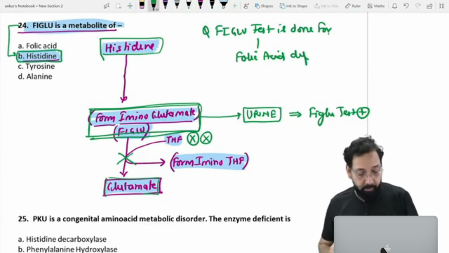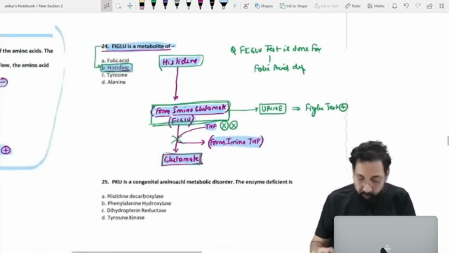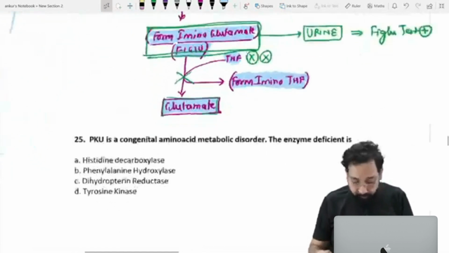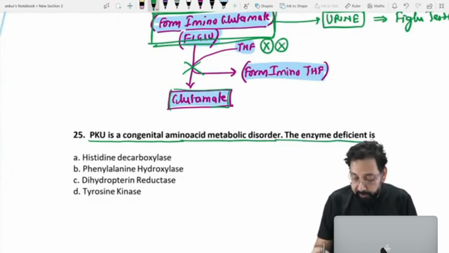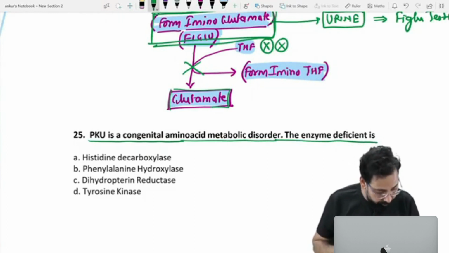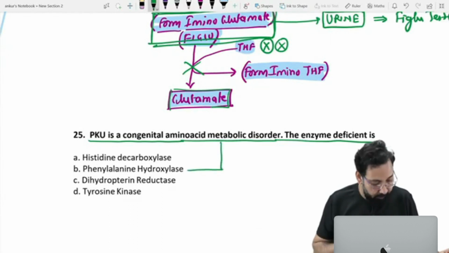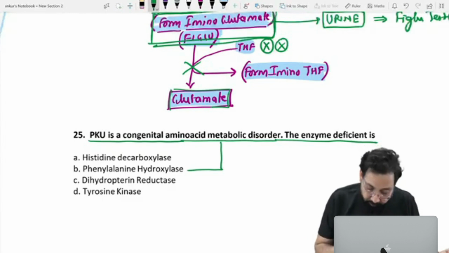Okay, clear? So phenylketonuria is a congenital amino acid metabolic disorder. The enzyme deficient is phenylalanine hydroxylase.